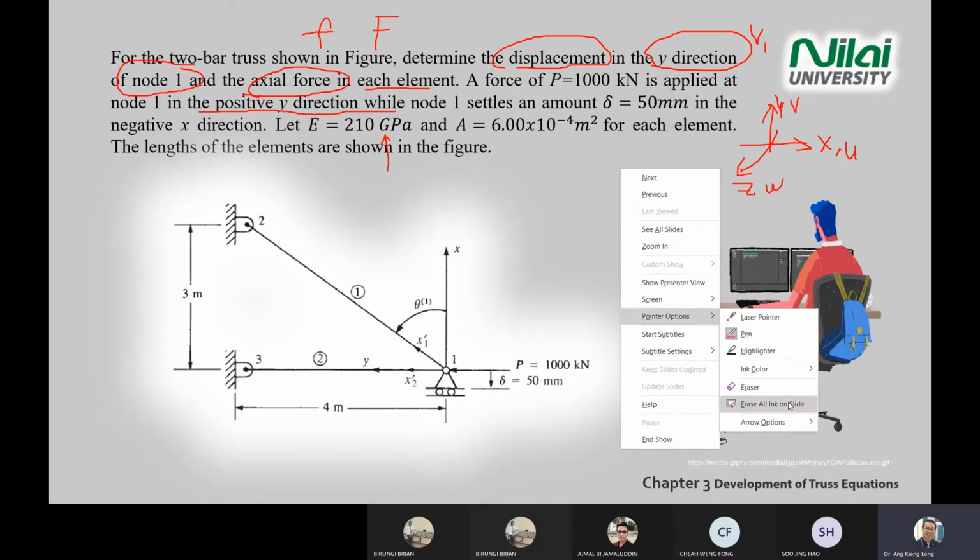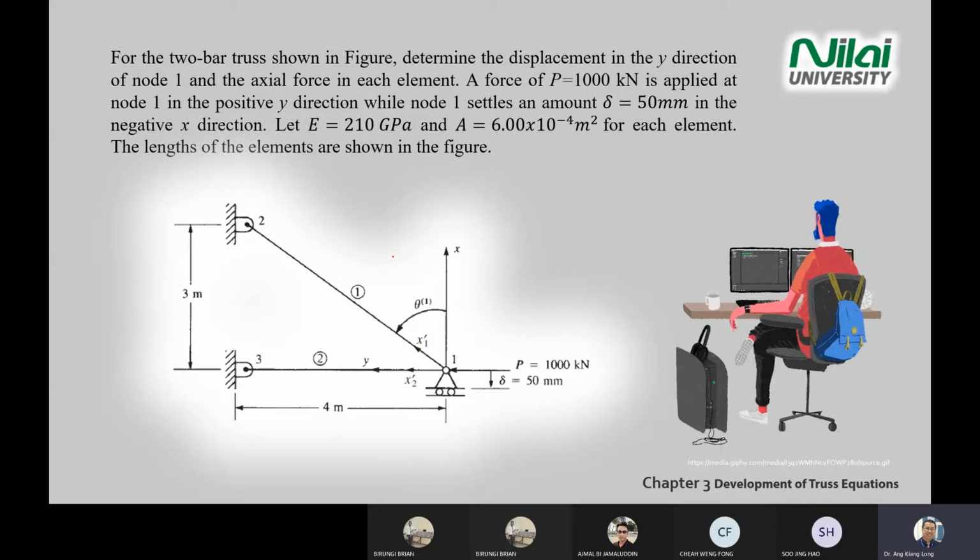Okay, before we solve, I want to ask a question. I'm interested to know what is the length L for element 1. Pull out your calculator and try to calculate.